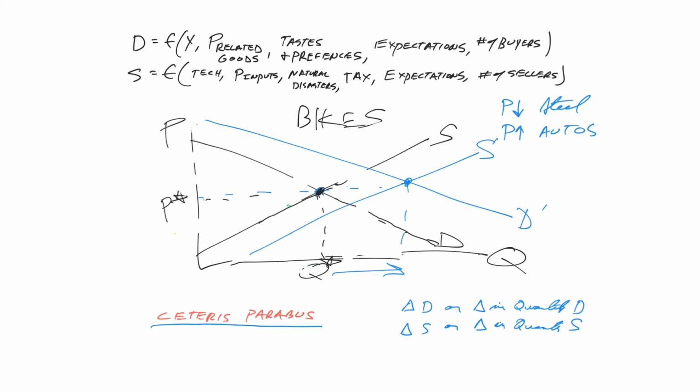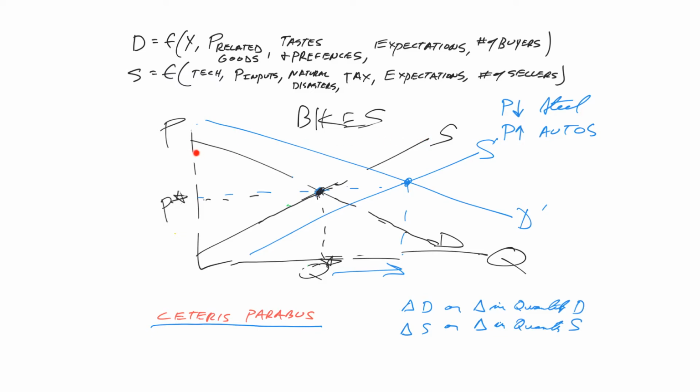If you do it one at a time, you'll see they both do that. So there's no doubt that that's going to happen. But what if the demand curve shifts way out here? The supply curve shifts to the right, but demand shifts more.